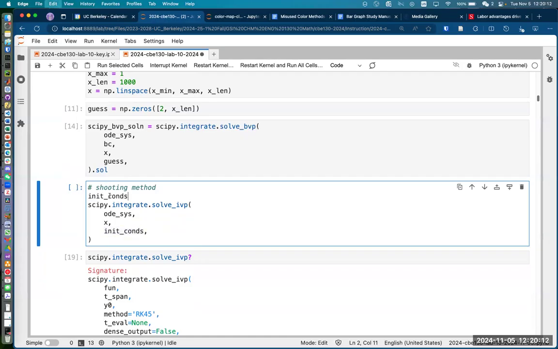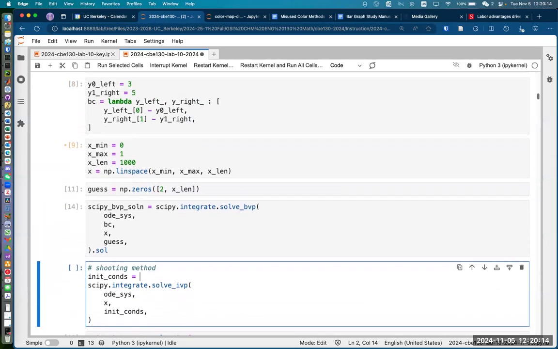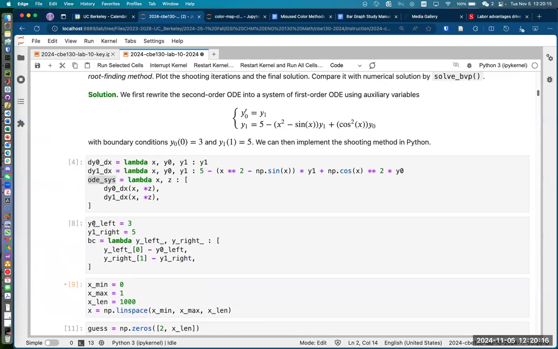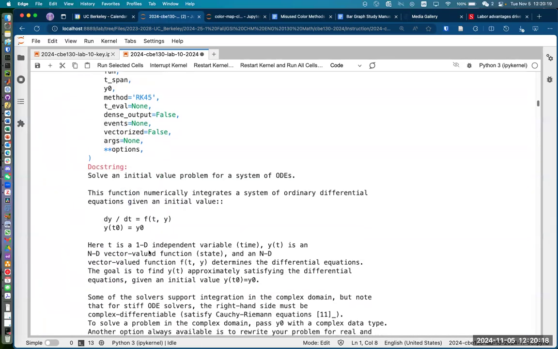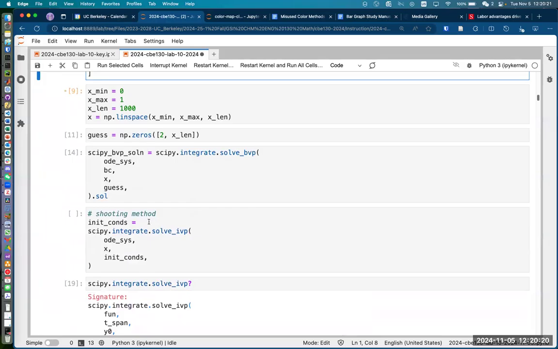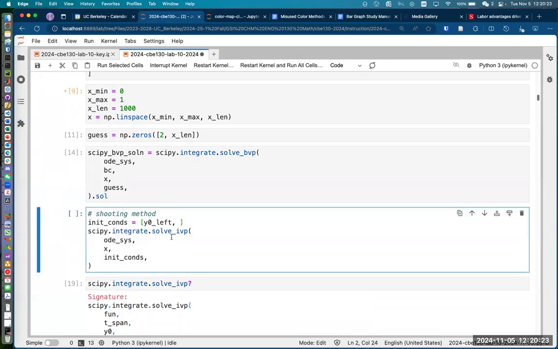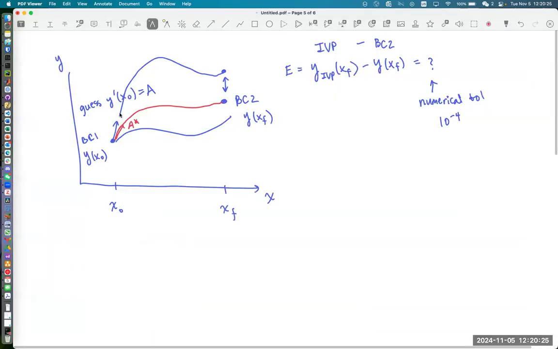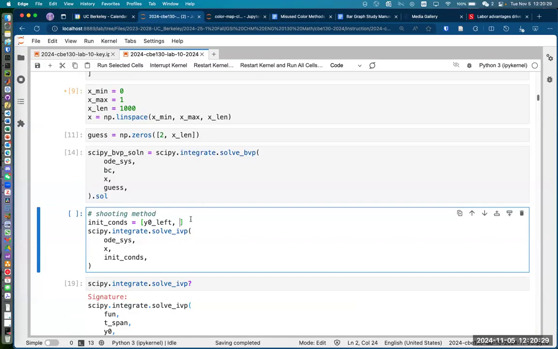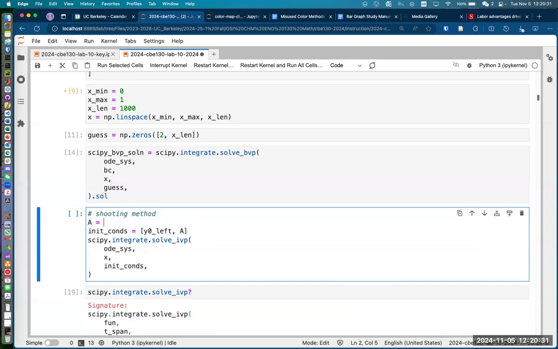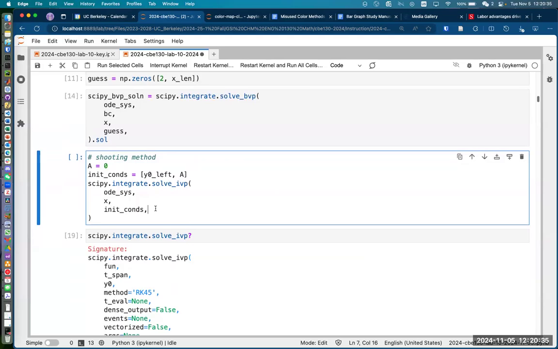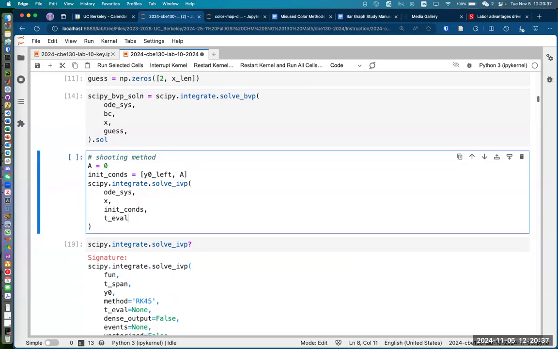For the initial conditions, we have one from our left boundary, so y0 left is one of our initial conditions. But the other initial condition, we don't know. We need to guess some y prime as A. Let's first guess it as random guess 0. And then we evaluate t, so t eval is equal to x.